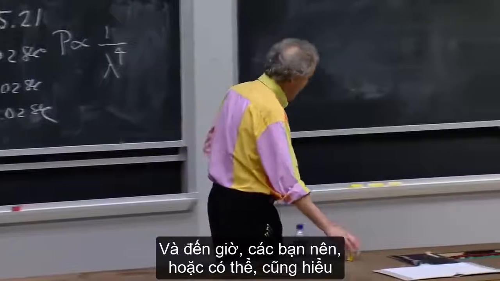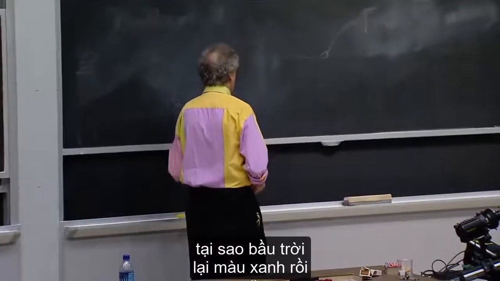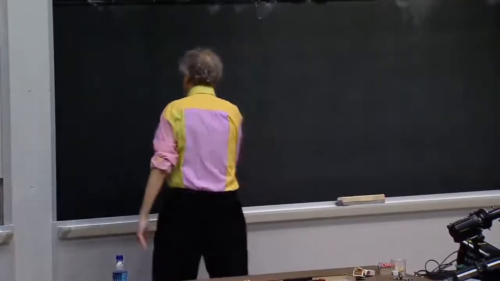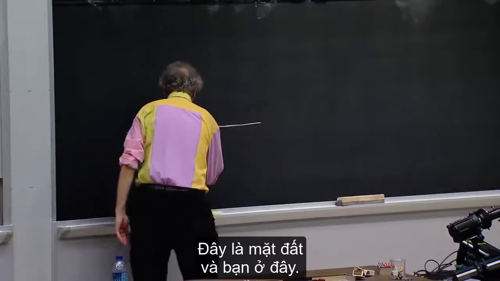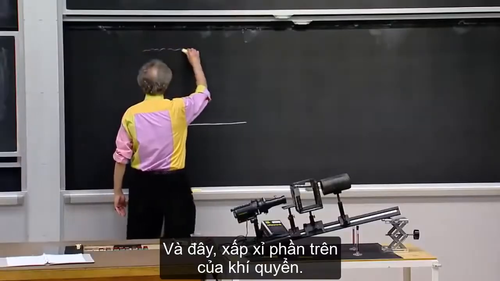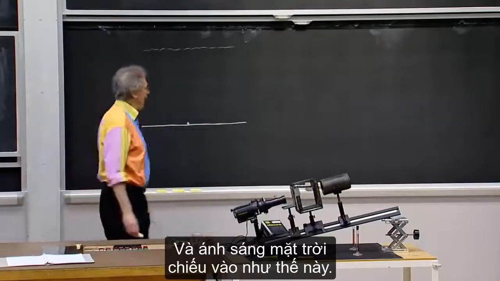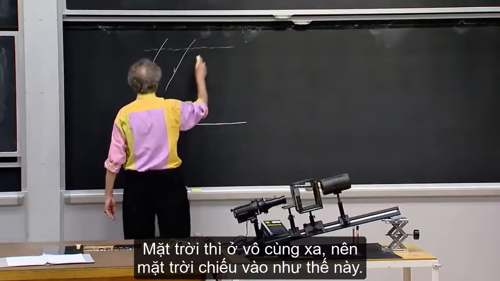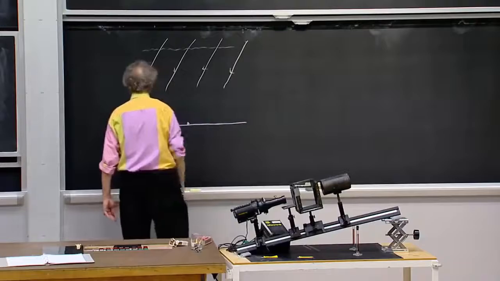And you should, or may also, understand now why the sky is blue. Here is the ground, and you are here. And here is, say, roughly the top of the atmosphere. And the sunlight comes in like this. The sun is infinitely far away, so the sun comes in like this.